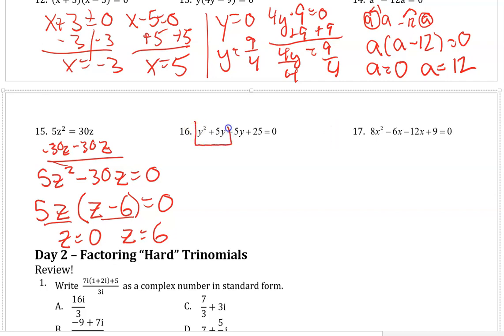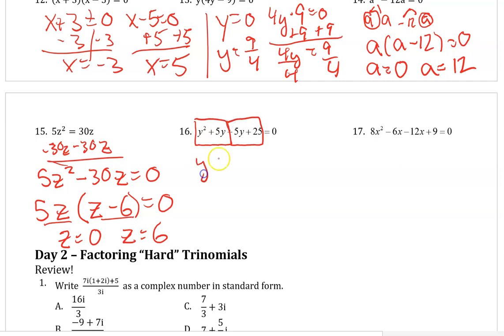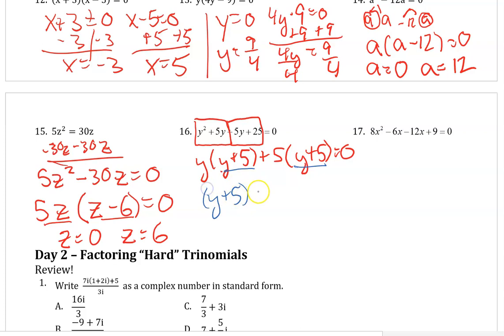On number 16, we can factor by grouping. Here we have y times y plus 5 plus 5 times y plus 5. That equals 0. So we can take out our y plus 5 term. And what's it being multiplied by?